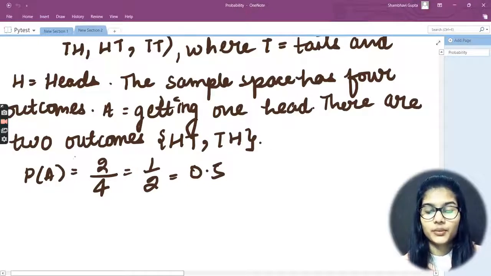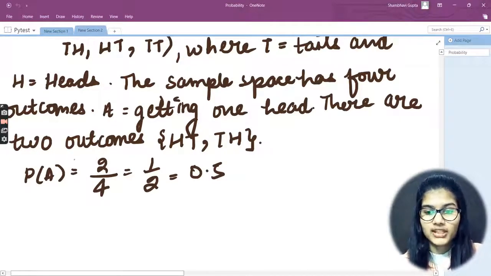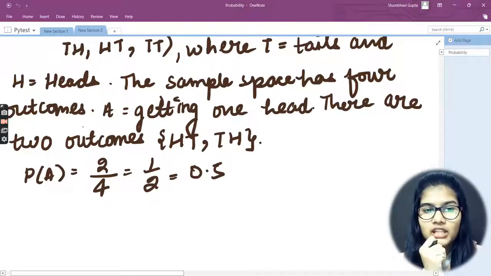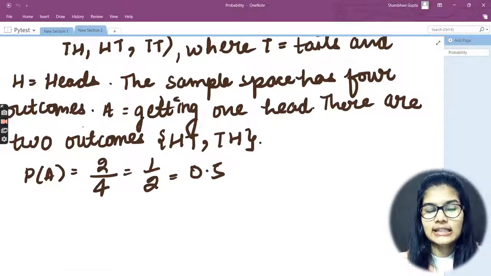Whatever the question was, I was given that two coins have been tossed simultaneously. So I simply put down the things for those only. Further, we have to write all the sample spaces which will be occurring: head head, head tail, tail head, and tail tail. These are the only four outcomes which could occur if the coins are tossed, where T refers to tails and H refers to heads. So the sample space has four outcomes, and A is getting one head.